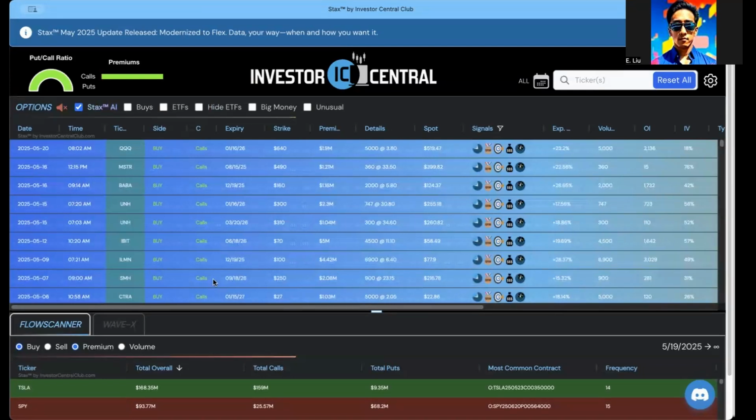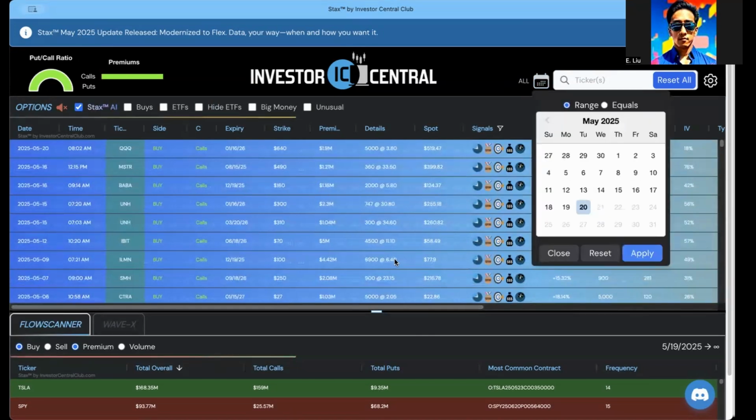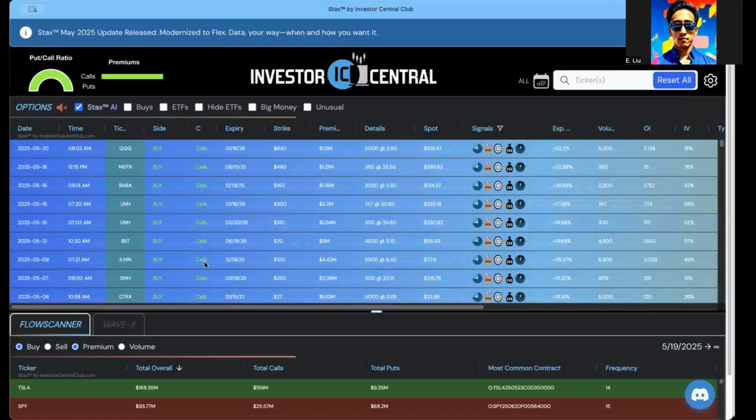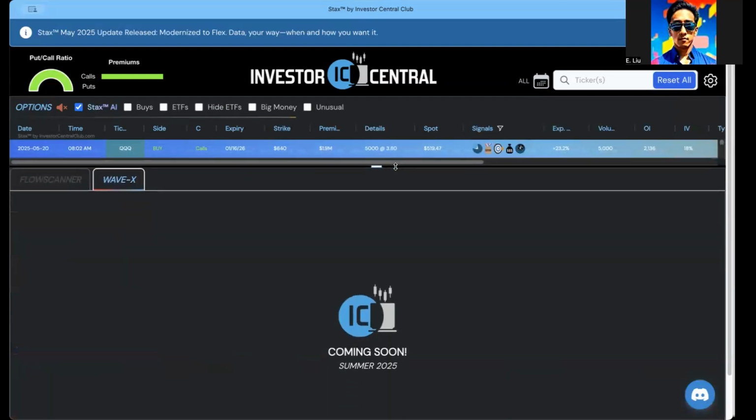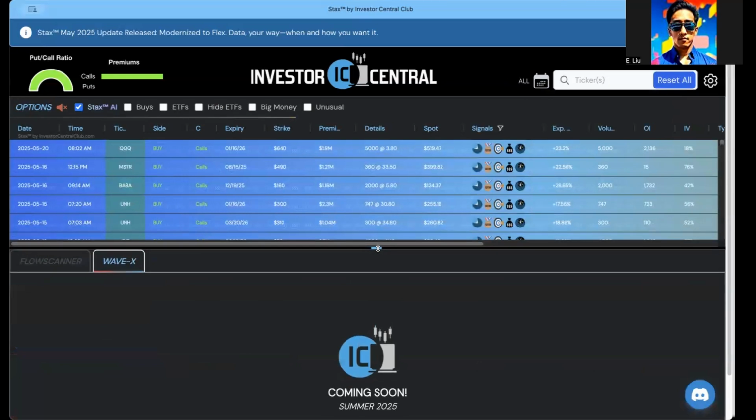I wanted to make sure that this one is short and sweet for you guys just to get an idea of how our interface works. Again, we did have our May update just yesterday, which added our calendar filter and a few different additional updates that make things run a bit more smoothly. And a quick reminder, WaveX will be coming very soon this summer. Once it does come in, I'll make an update to this video.